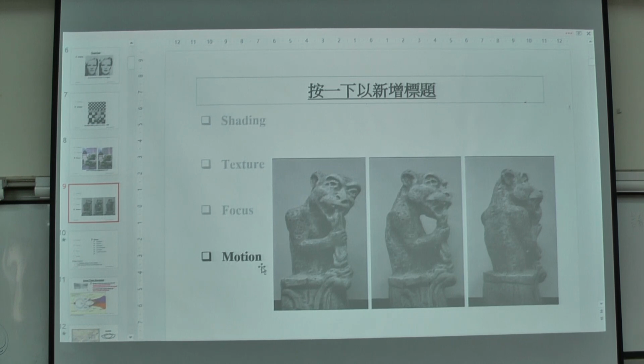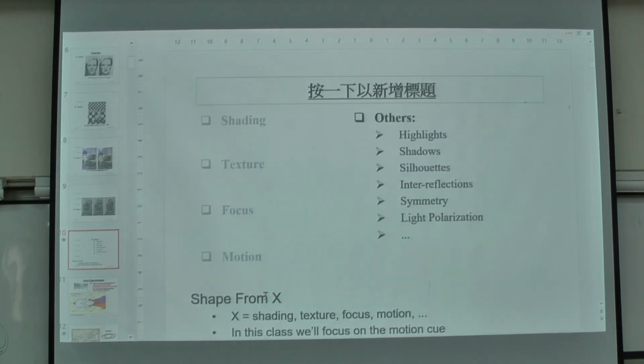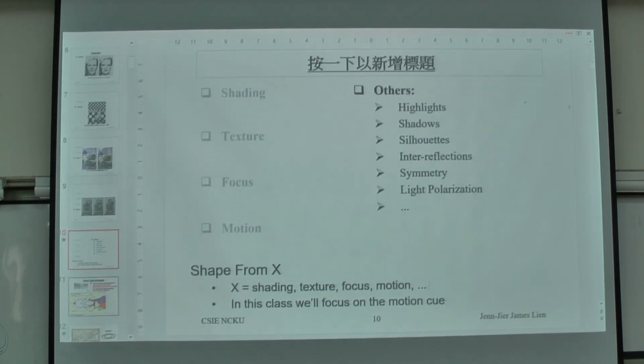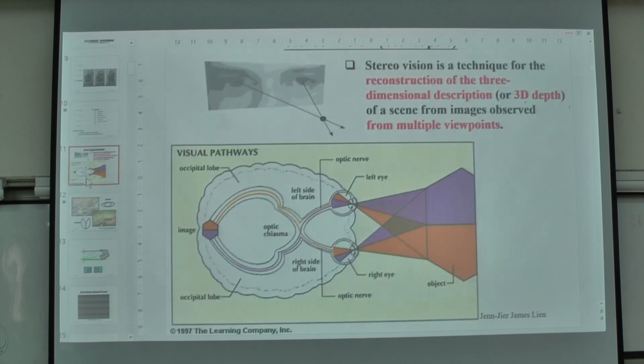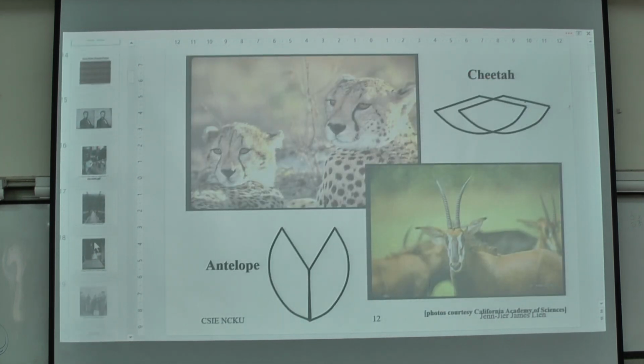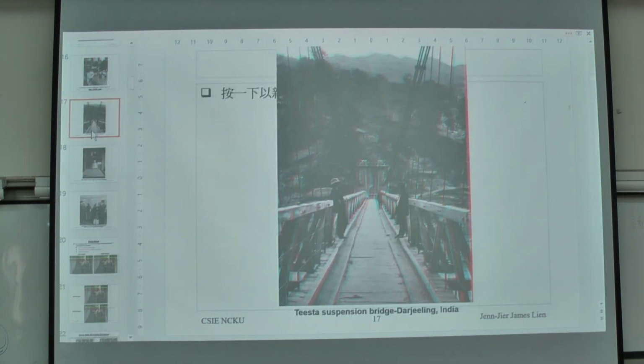And shape from motion 就是移动就可以做3D 这样子。Or structure from something.